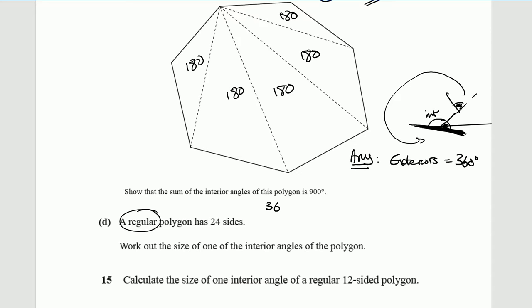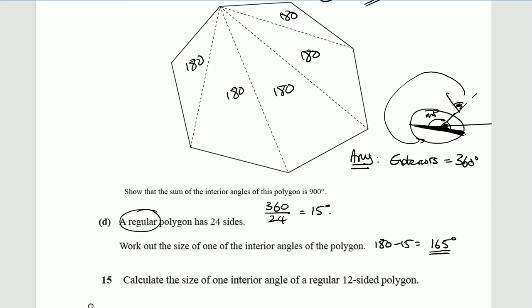If I take 360 and divide it by 24, I will find the size of one of those exterior angles, 15 degrees. Seeing as that exterior angle makes 180 degrees with its interior angle, I can now subtract this from 180 in order to get 165 degrees for the interior angle.